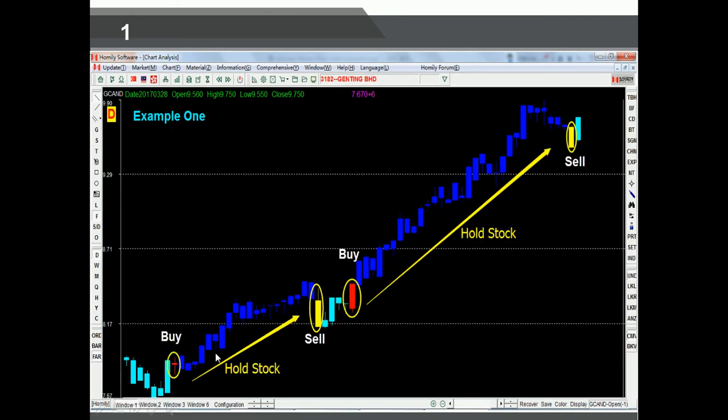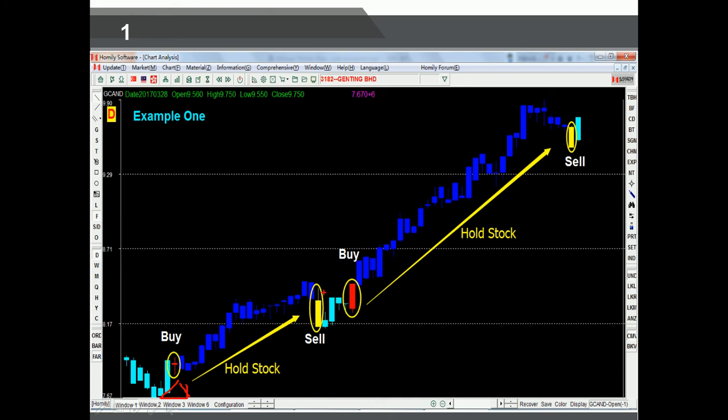Here, example one. I take Guinding as an example. Here you can see the buying points. When the candlestick is red, here is the buying point, and then here is the dark blue. The dark blue means you hold the stock, and then here is the sell.